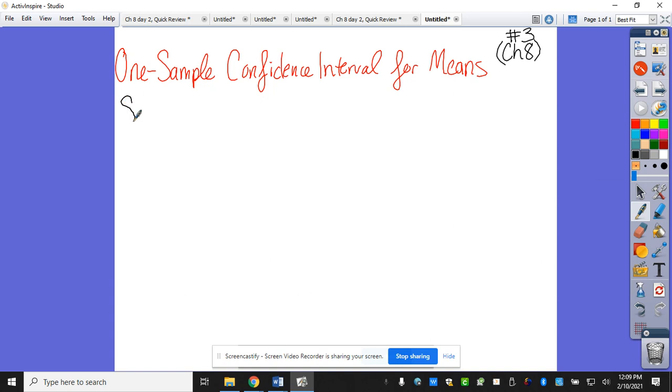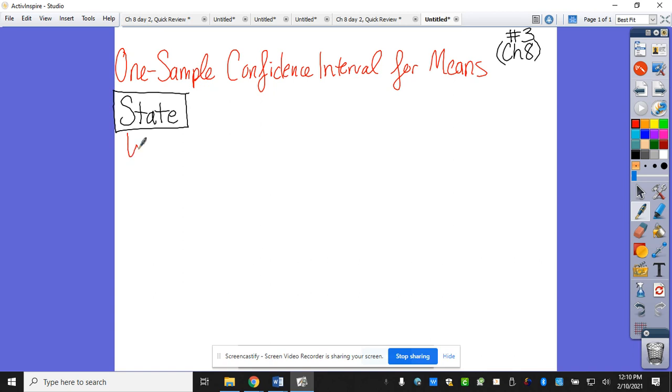So state. Now, usually we start by doing what, our first 3 things in state? Population, sample, and then define our mu. I'm not writing any of that, but I'll show you why. So I want you to start with, we do population, sample, define your parameter, and then say what it is that we're trying to accomplish.